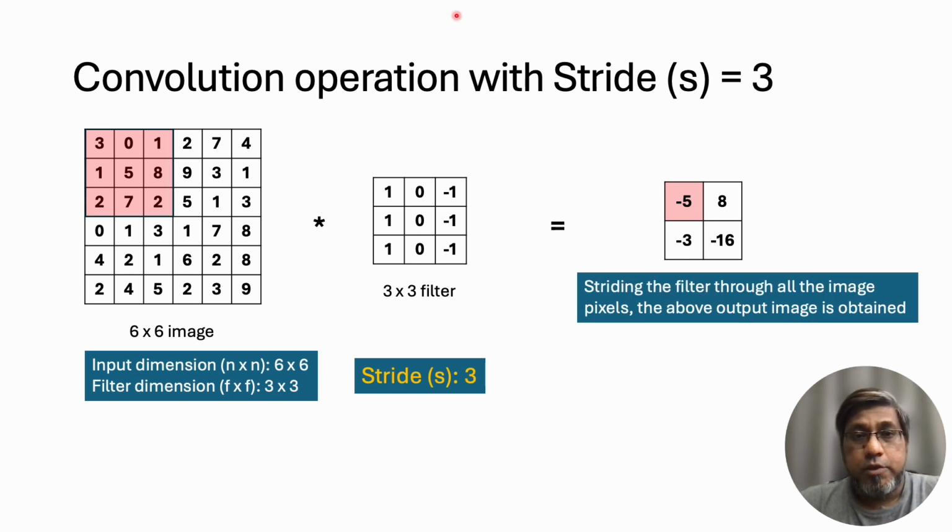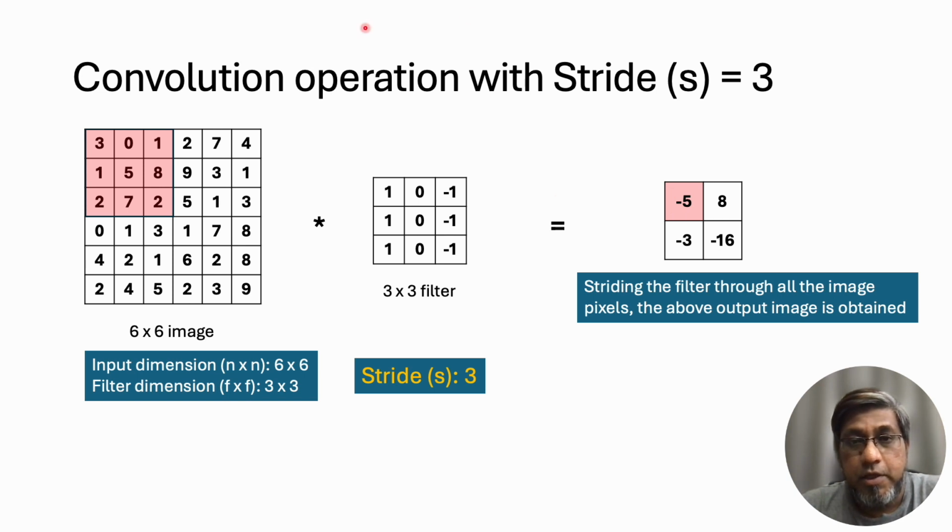One of the variations that can be done in the convolution operation is to change the size of the stride. When we have a stride of 3, we notice that the output image is even smaller. Rather than a 4x4 output image, we get a 2x2 output image.